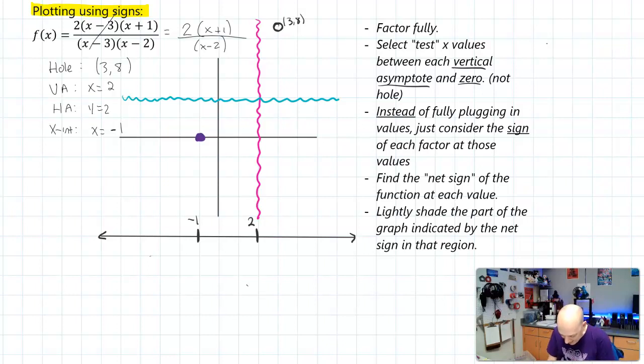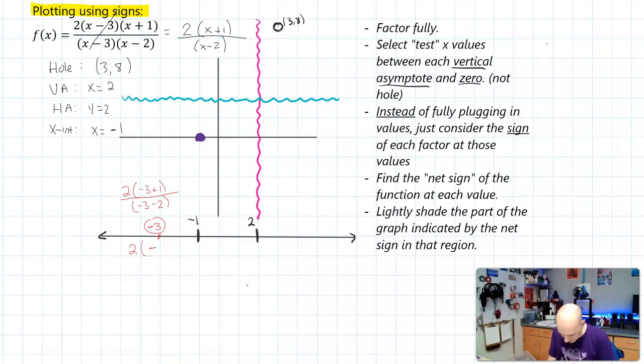Like I'm going to imagine plugging in x equals -3. If I imagine plugging in -3, it would be 2 times -3 plus 1 over -3 minus 2. But instead of actually plugging in those numbers and simplifying, that seems like a lot of work. I'm just going to think about what the factors would be. So it would be 2, and then -3 plus 1 is a negative number.